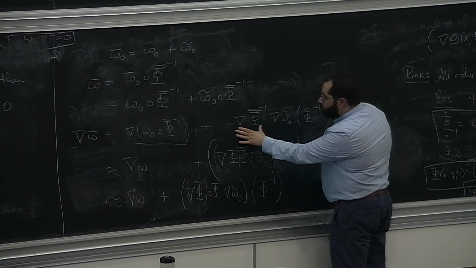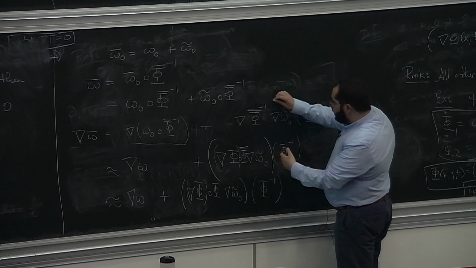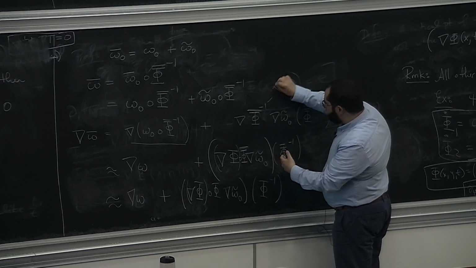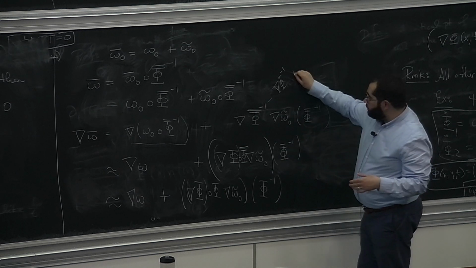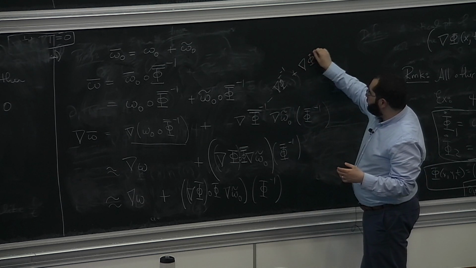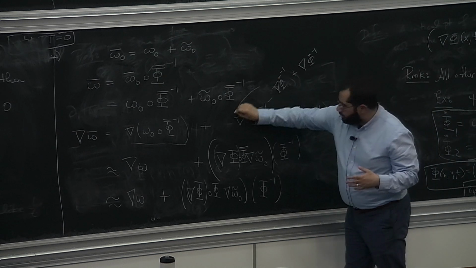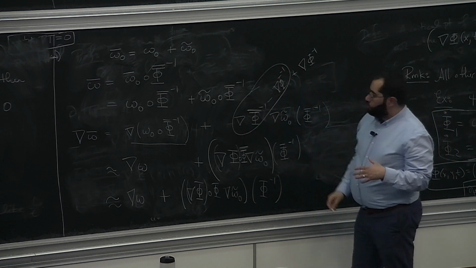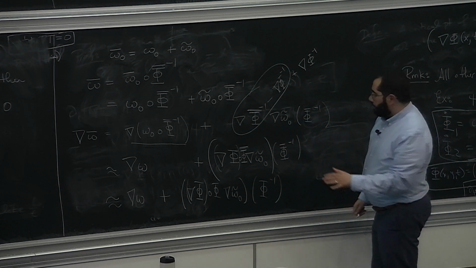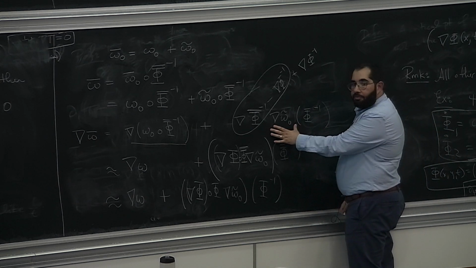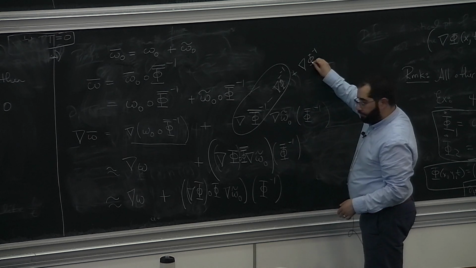Now, gradient phi bar inverse. Again, I can add and subtract gradient of phi inverse. Is that clear? This goes to 0 very, very fast. And I don't use anything about omega 0 tilde. So you're left with this.